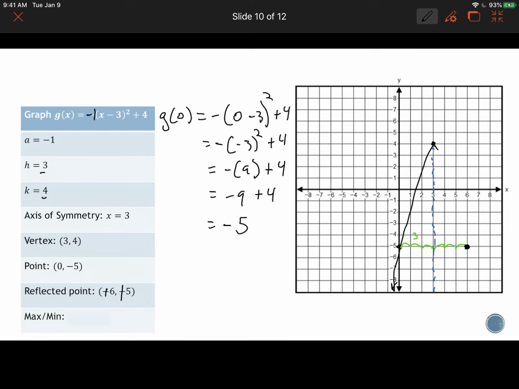Sorry. Now let's continue. And we're going to pretend that went through the point. Different from the last one, this happens to have a maximum at the value of y is equal to 4.